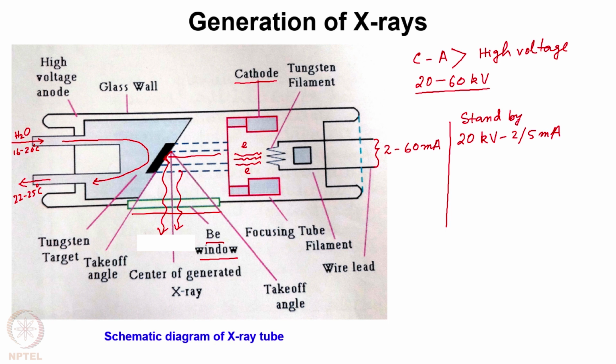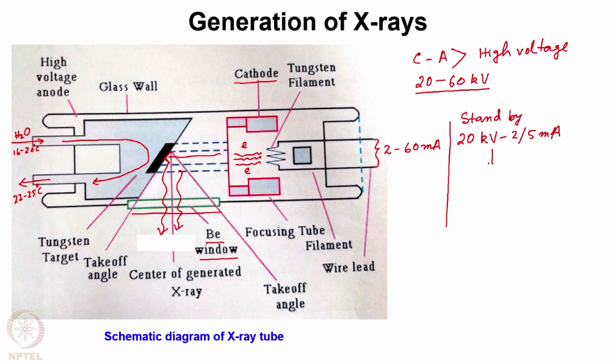So when we do not use the diffractometer, when we are not collecting any data, we always keep the generator at the minimum voltage and current, so that the tube is always kept warm, and we do not switch on and switch off these tubes every now and then.